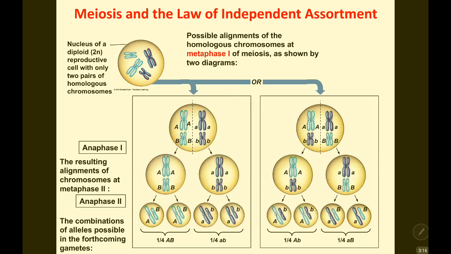Alright, so now for example, in this cell, we have two pairs of homologous chromosomes, the big one and the small one. Looking at the diagram, the big one controls the gene A. The small one controls the gene B. During metaphase 1, the homologous chromosomes align at the metaphase plate.